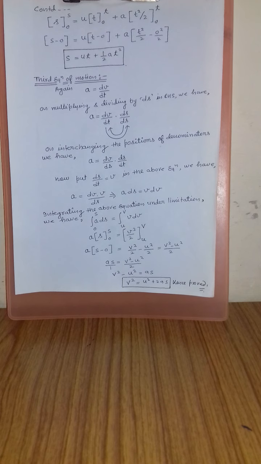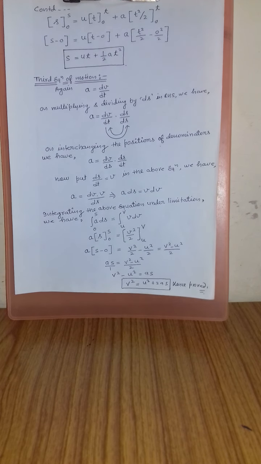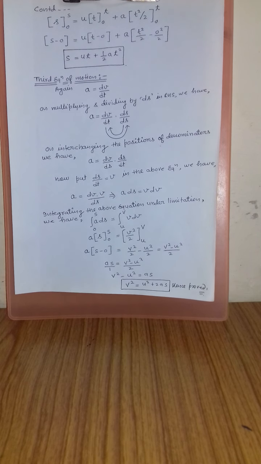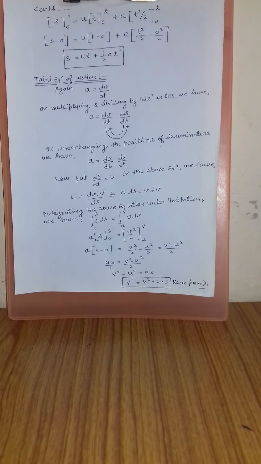Okay, so a is the constant, so it would be taken out from the integral. Okay, and on your left hand side you have a s with limits 0 to s is equal to v square upon 2, because integration of v dv gives you v square upon 2 with the limits u to v.